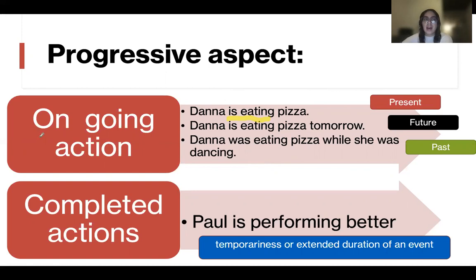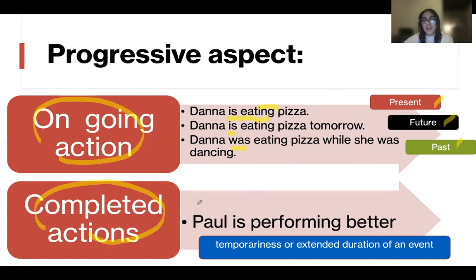That is because we are talking about ongoing actions or completed actions. So let's start with the ongoing actions. It doesn't matter if we are in the present tense, future tense, or past tense. In all the cases, the verb be will be needed, and also we will need to add ing to the main verb in order to express coherently.